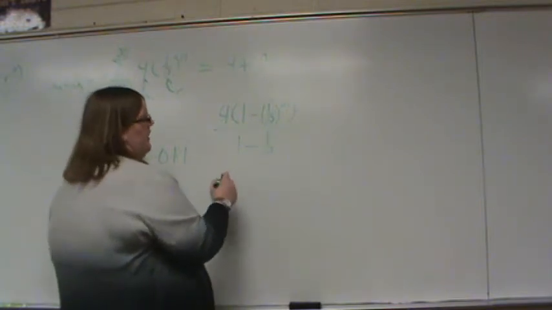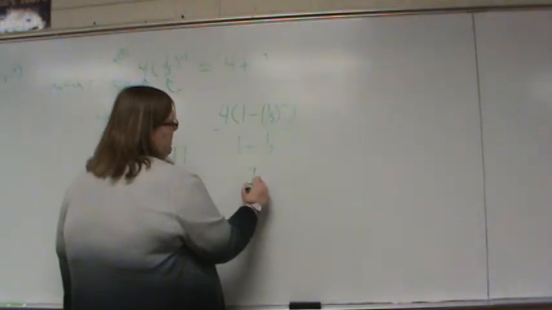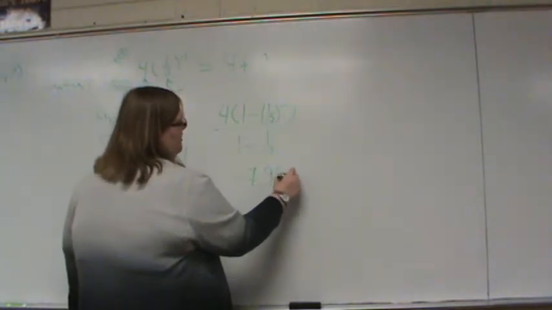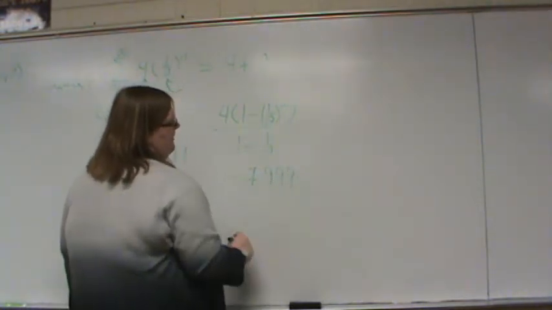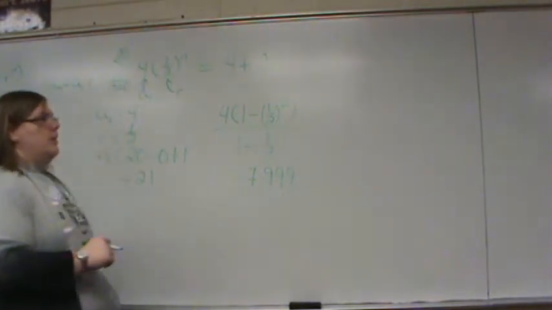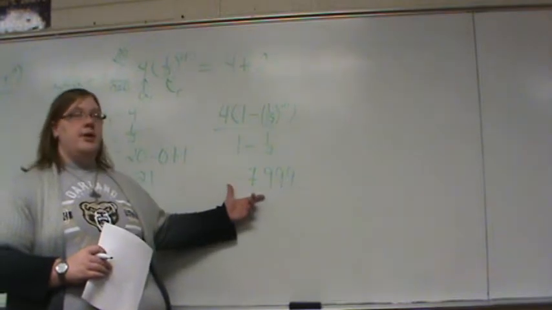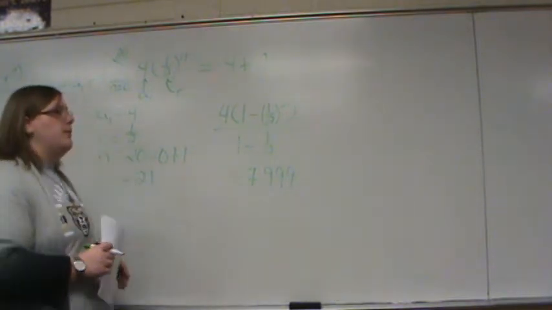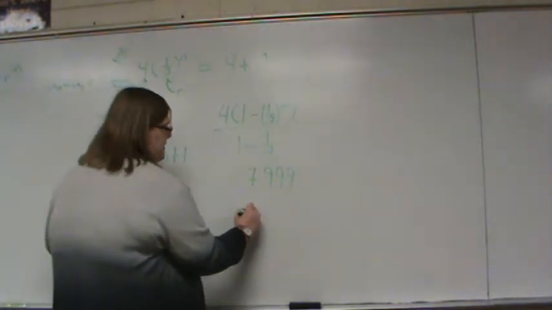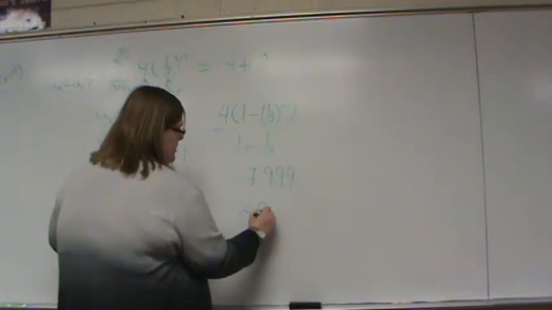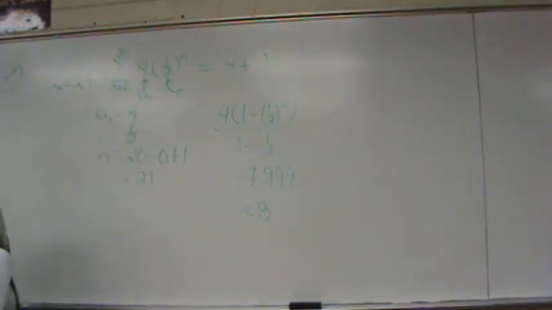When I plugged this into my calculator, I got 7.999 and some more stuff after that. For our purposes, we want to round this to a whole number. So if we're rounding this to a whole number, that's how you get that 8. So you should get that it's approximately 8.